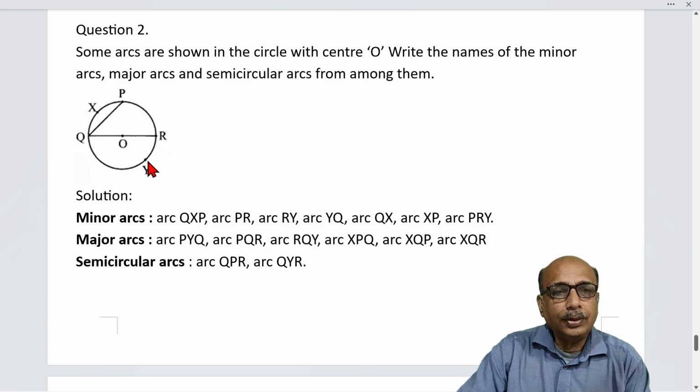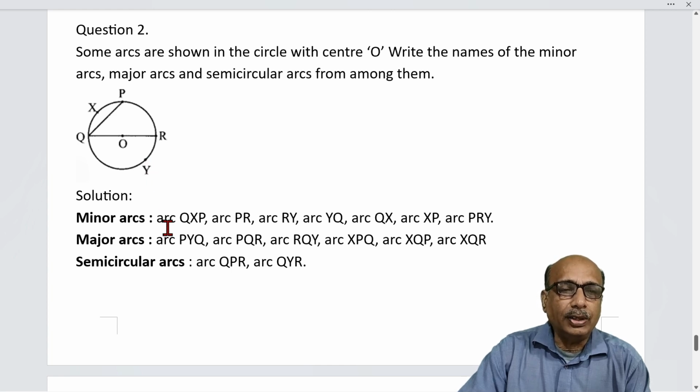RY, another arc, minor arc. YQ, another arc, it is less than 180, minor arc. XQ, minor arc. XP, minor arc. And PRY, here it will again be a minor arc. Very clear? So many minor arcs are there.